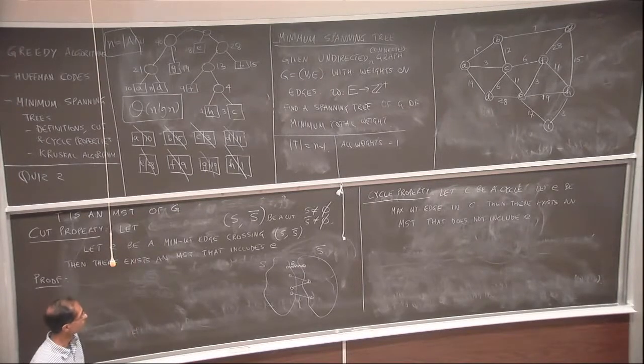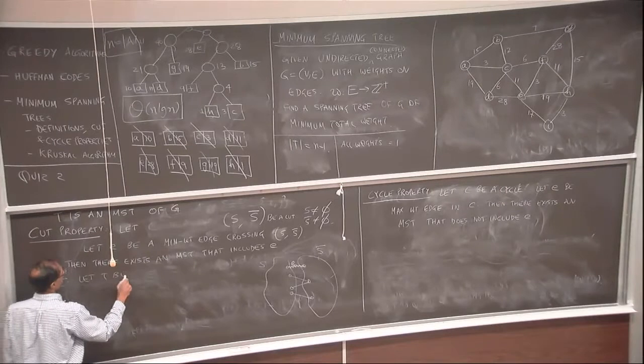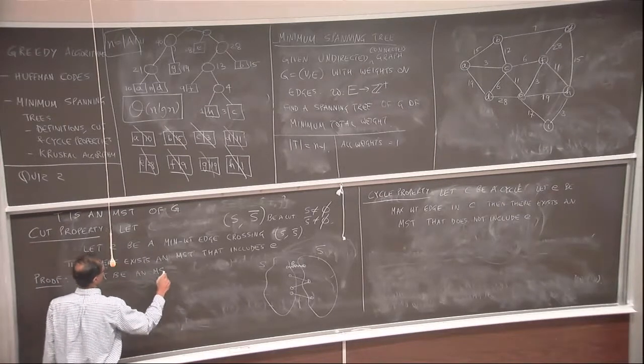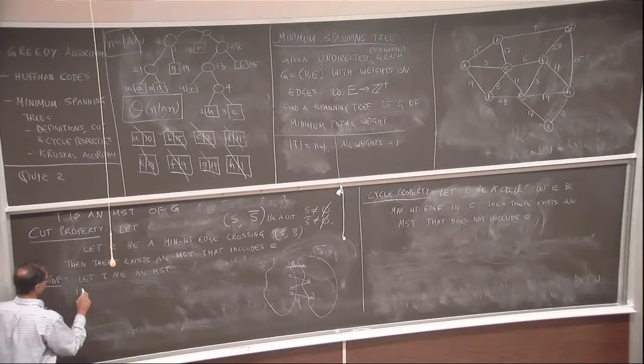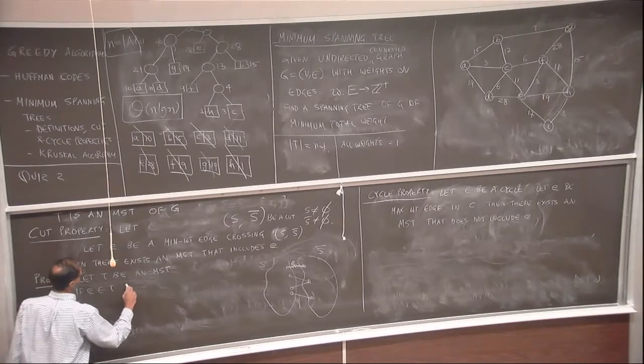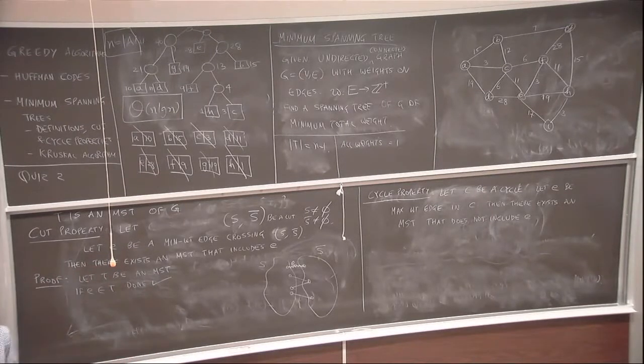Okay? That edge E is the minimum weight edge. So let T be any MST. We want E to be in the MST, right? So we want E to be in T. So what do we do? We check, is E in T? If E is in T, then we are done. Right? We would have proved already that there is a spanning tree that contains E.